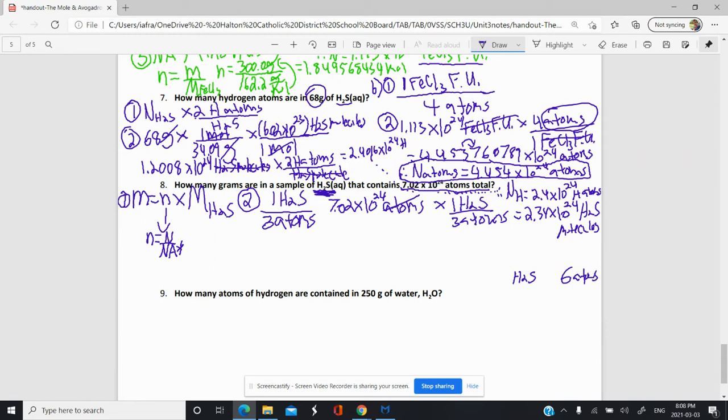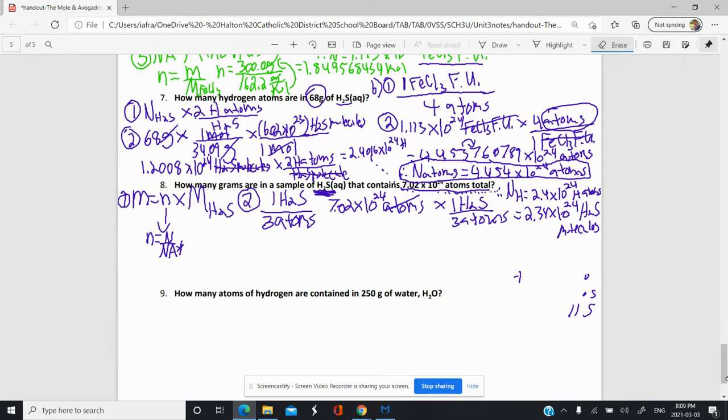How many H2S are there? Well, in one H2S, there's 3. So in two H2S, there's 6. So there'd be 2 H2S. What you would do to figure that out is you would just divide by 3 atoms per H2S, and then you'd get 2. So I kind of did that process there, just with a different number.